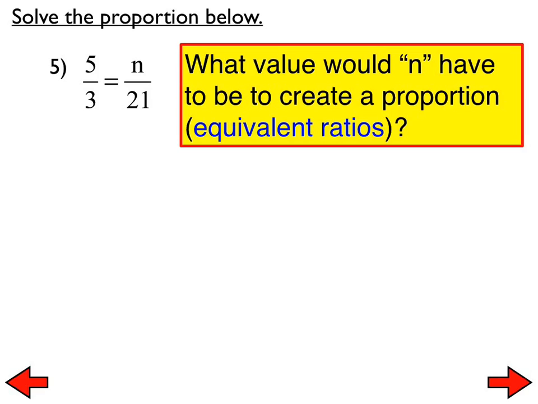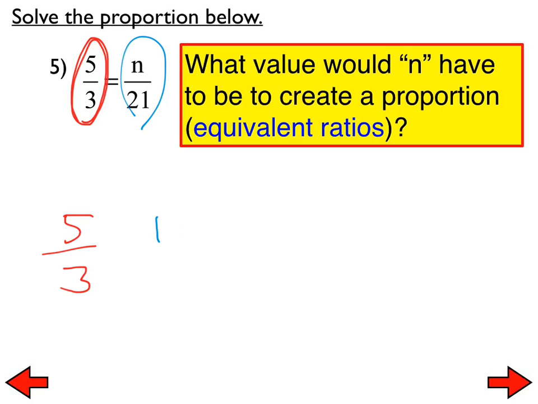One way is by starting with the ratio that is given and to start listing out equivalent ratios to that until you finally get something where the bottom number is 21. So if I multiply the top and bottom of 5/3 by 2, I get 10 over 6. If I go back to 5/3 and I multiply top and bottom by 3, I have 15 over 9. If I go back to 5/3 and multiply top and bottom by 4, I get 20 over 12.